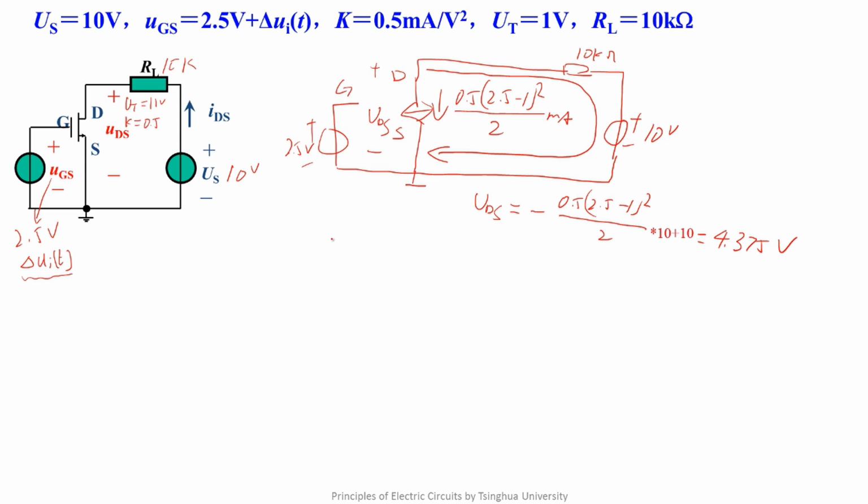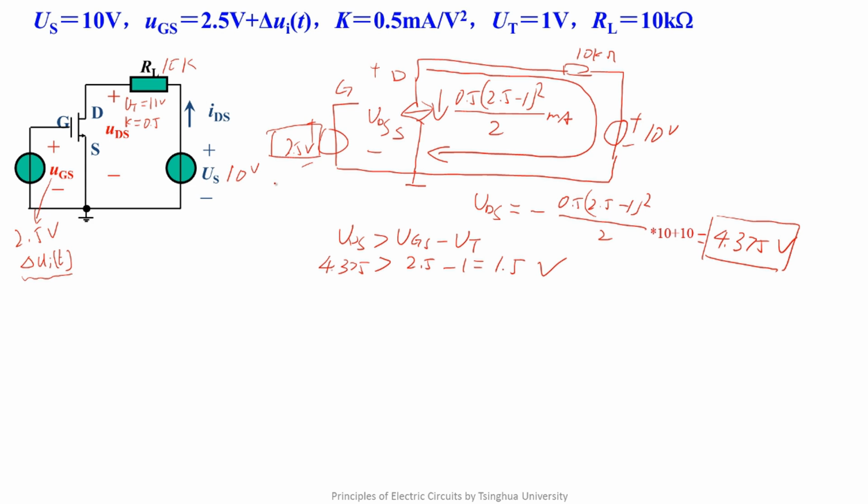According to the previous review, we know that the condition of the MOSFET working in the VCCS region is that UDS is greater than UGS minus UT. It is 4.375 in this problem. It is 2.5 minus 1 equals 1.5. So it is true. So we verified that the MOSFET works in the nonlinear VCCS region. And we know the working point UDS equals 4.375 volts and the UGS equals 2.5 volts.